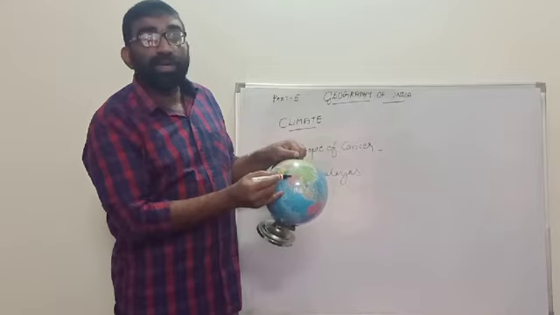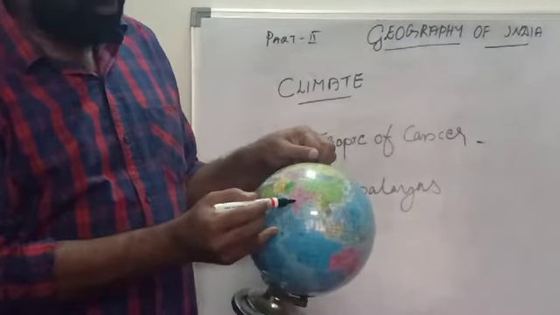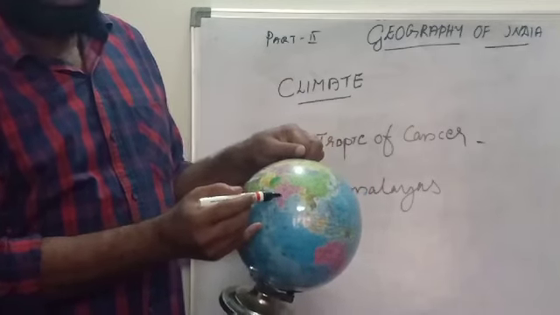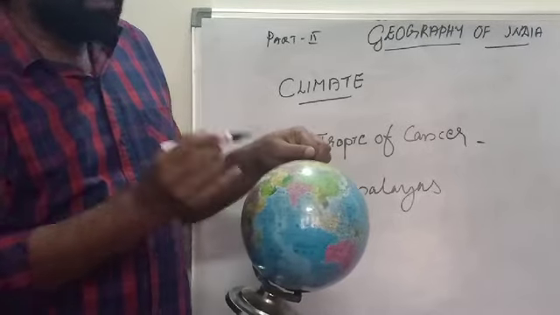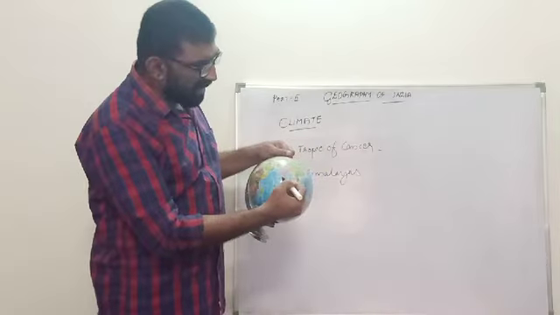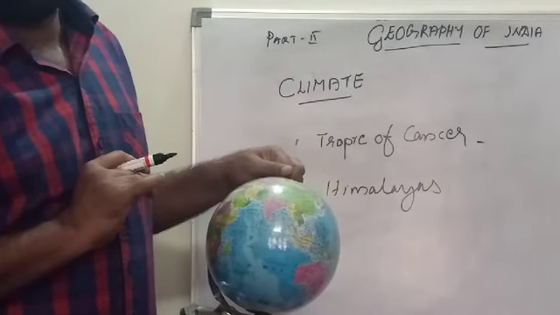Here we have a continental type of climate, and this area south of the Tropic of Cancer, as it lies in the tropical zone, here temperature remains high throughout the year. And the coastal areas experience a moderate type of climate, equable type of climate.